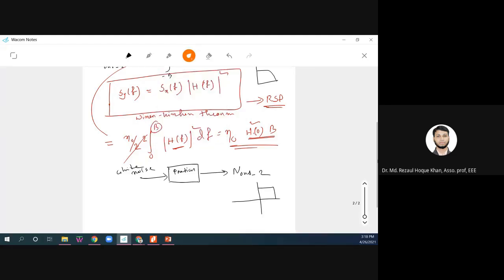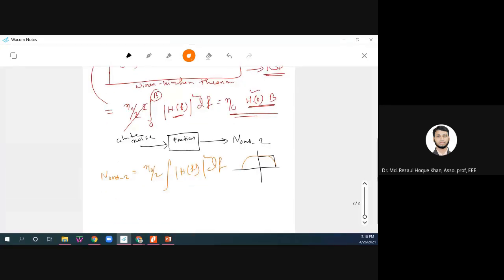So for a practical filter, the response is like this. In a practical filter, we will get the same equation. N out 2 will be the same equation as previously, eta 0 by 2 times |H(f)|^2 df. Now the noise equivalent bandwidth: okay, so this is the N out. What was the previous one? N ideal. N out 1 was our noise output.